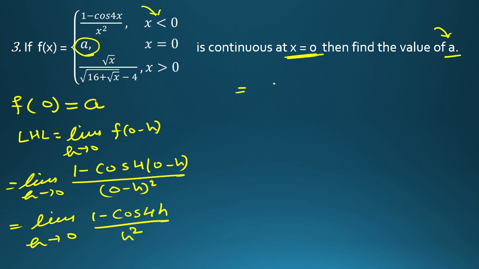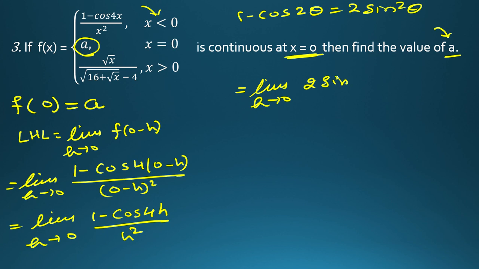Means it will be limit h tends to 0 and 1 minus cos 2 theta. What is the formula? I am writing for you here. 1 minus cos 2 theta is equal to 2 sin square theta. So it will be equal to 2 sin square 2h, because it is the half angle formula. So here you have 4h, so here it will be 2h divided by h square.